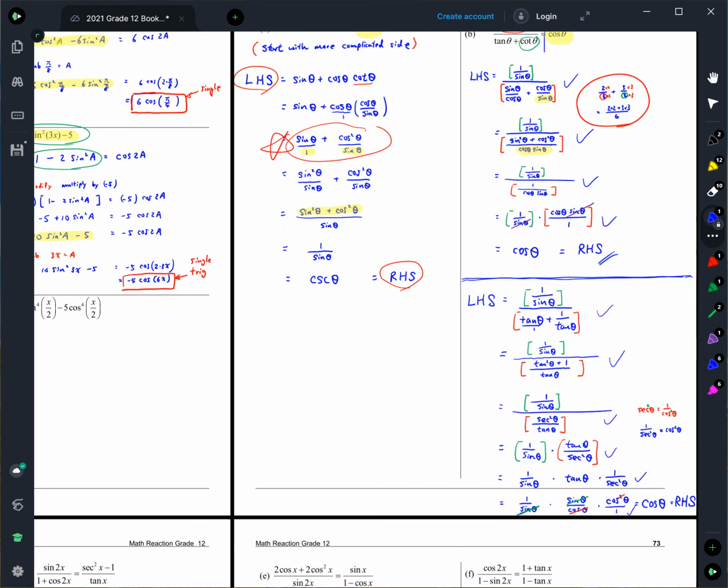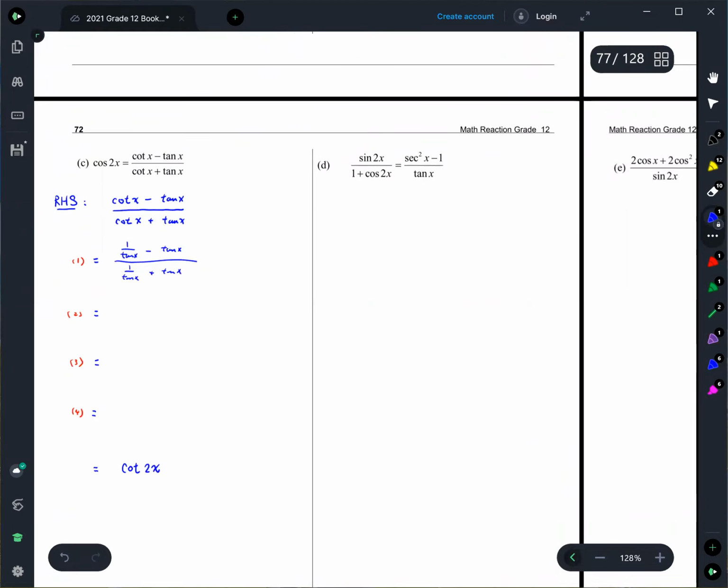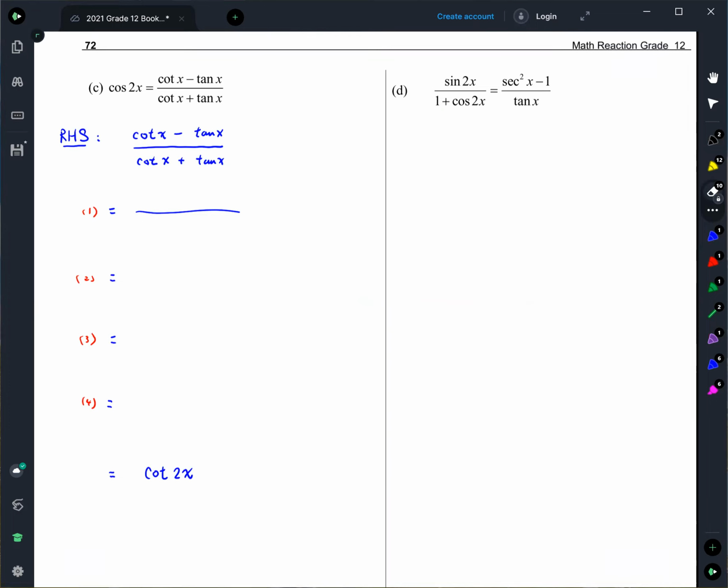So try to change it to sine and cosine. Unless you do it that way and get stuck with nowhere to go, then you can come back and try the other way.